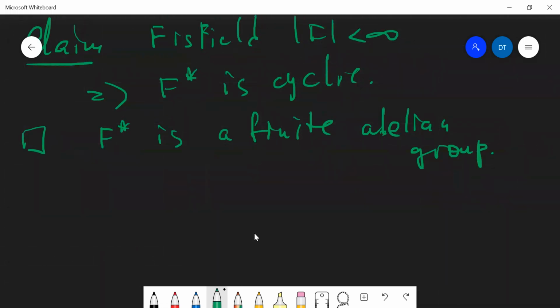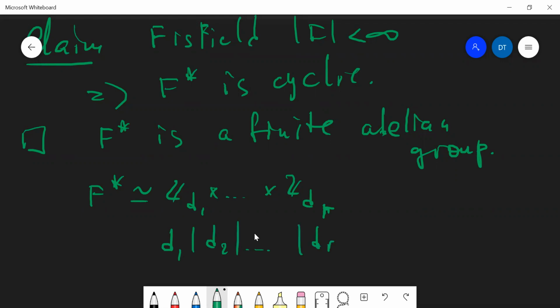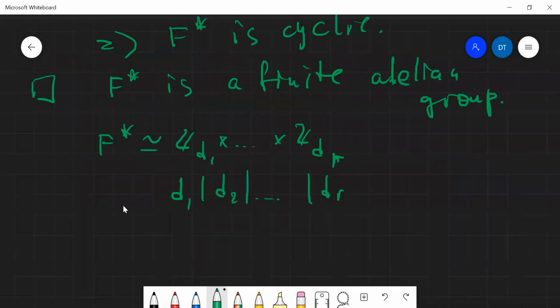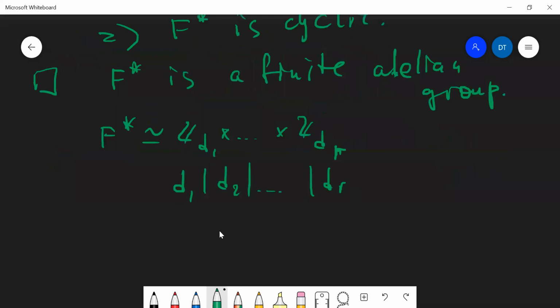Then we know that it must be isomorphic to a group of the form Z_D1 times etc. times Z_Dr, where D1 divides D2, divides etc., divides Dr. So that was a classification statement about finite abelian groups. Every finite abelian group is uniquely presented in this form.